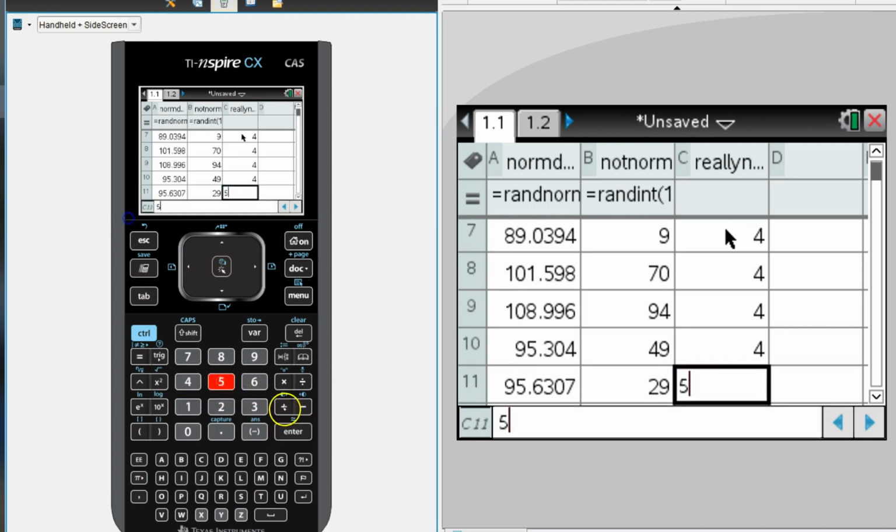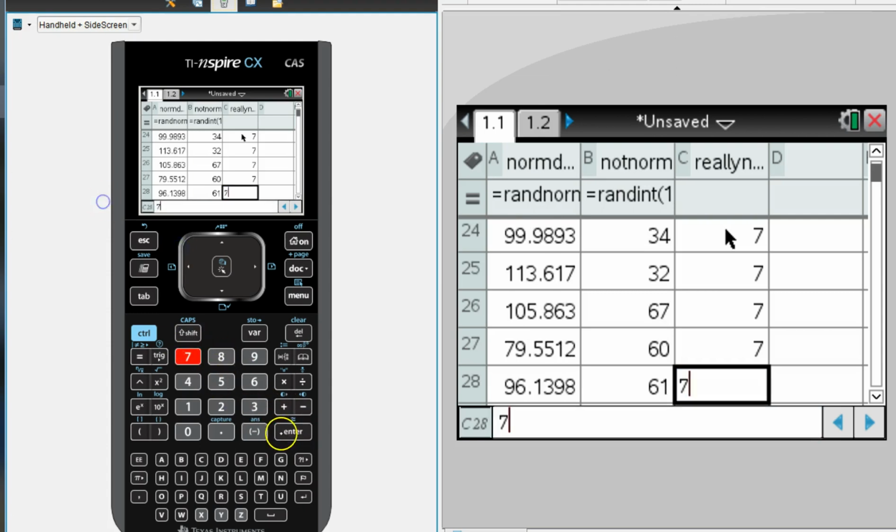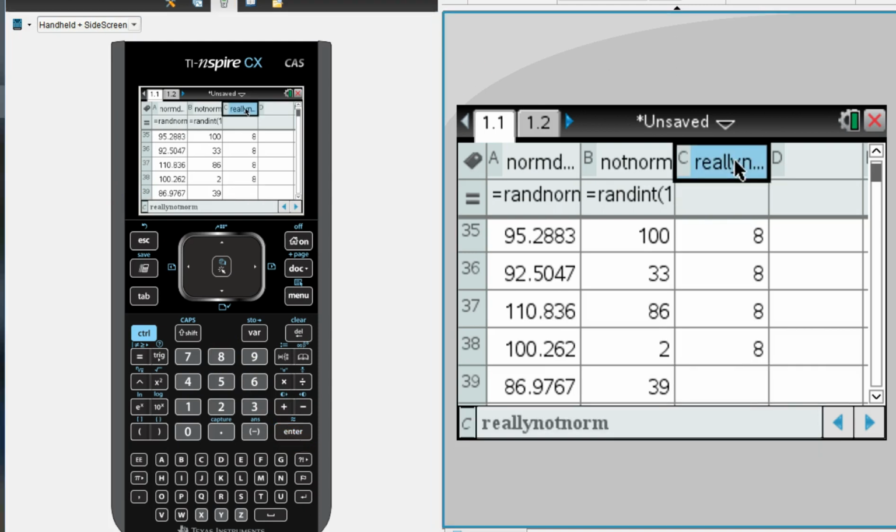I think you're seeing a pattern here. 5 5s, 6 6s, 7 7s, I don't know, I just lost count. And we'll do just a bunch of 8s. This should not be normal looking. This should be really not normal.